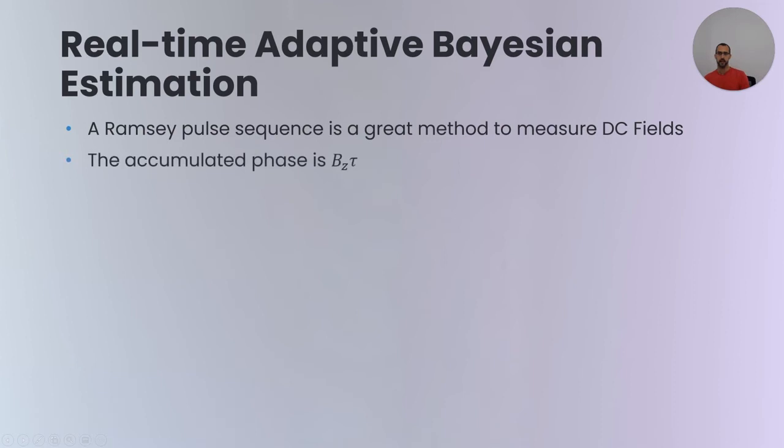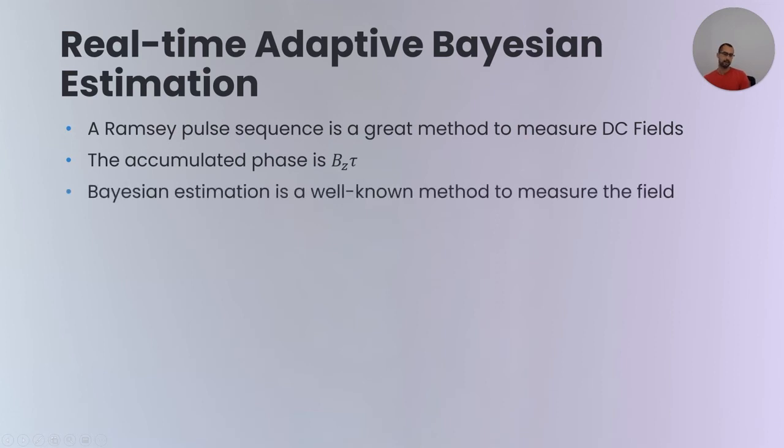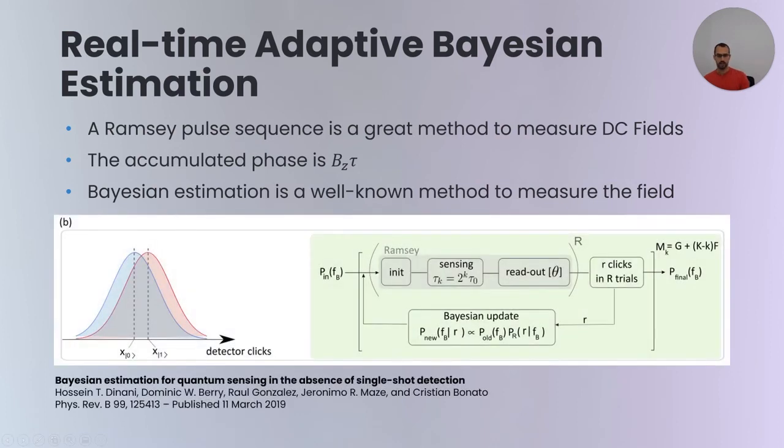The most common way to extract the phase or the magnetic field is to use a Bayesian estimation. And this was, again, shown many times. This is an example from the group of Kristen Bonato, in which they showed how Bayesian estimation can be used even without single-shot readout. And this is being used in many labs. I'm sure many of you are using it as well.